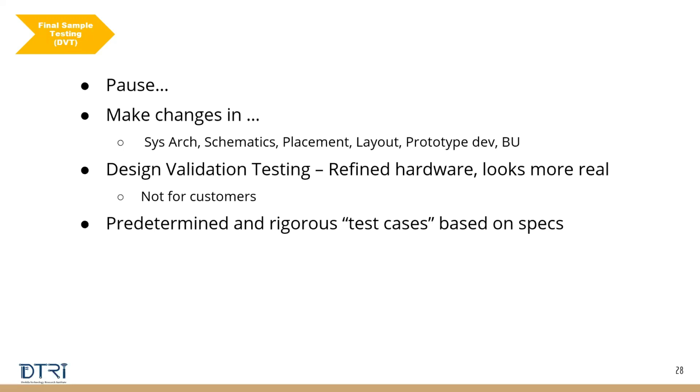All the subsystem teams have predetermined test cases. Now you run those test cases rigorously and see whether it is performing as you expect, and whether the issues on EVT are fixed. Here you focus on performance and on whether the EVT issues are fixed.